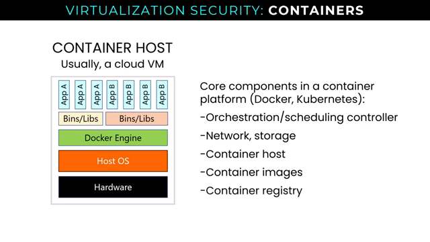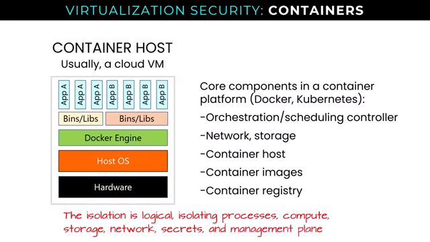And a container registry, which is where we store our container images, and we need to secure access to that container registry. The isolation with containers is logical. We're isolating processes, compute, storage, network, secrets in the management plane. There's a lot of isolation happening on that container host.